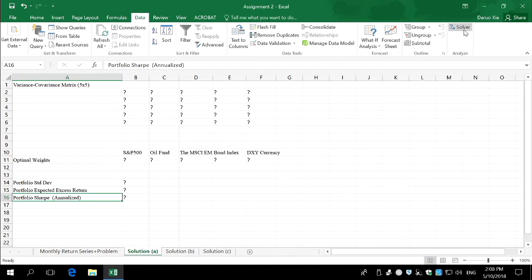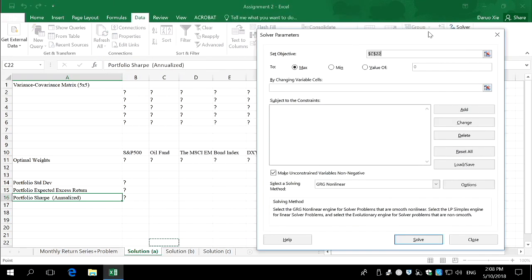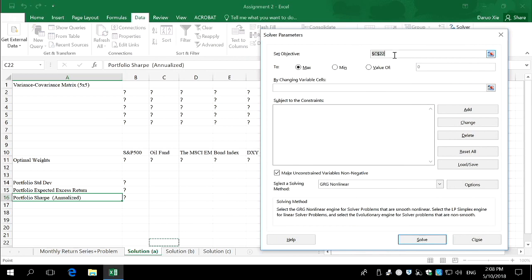Solver allows you to set an objective. Our objective is this cell. Your Sharpe ratio should be maximized. Max this Sharpe ratio cell. Then by changing the variable cells, these are actually your 5 weights. This is something you can change.